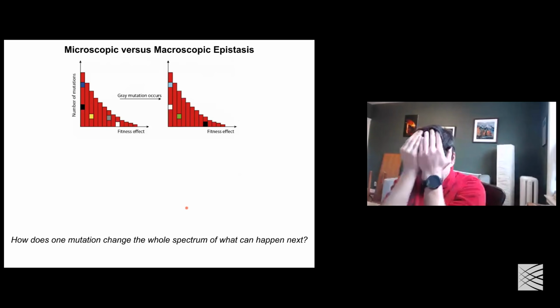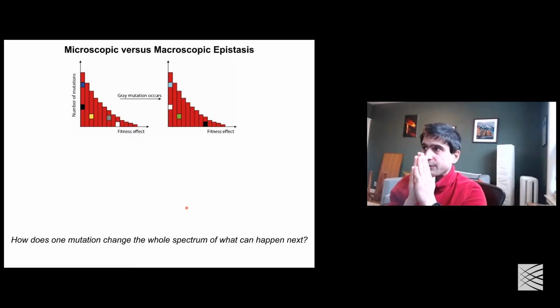So a concept that I've been trying to promote is this distinction between what I like to call microscopic versus macroscopic epistasis. And really what this comes down to is that when we think about fitness landscapes, our natural intuition is to think about a landscape that we're familiar with from our everyday life, like hiking in the mountains in New Hampshire, which is fundamentally a 2-dimensional or 3-dimensional landscape.